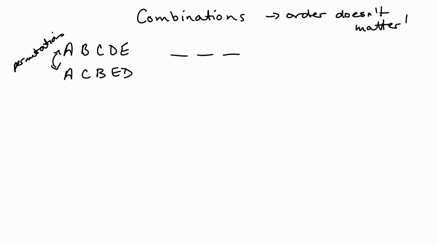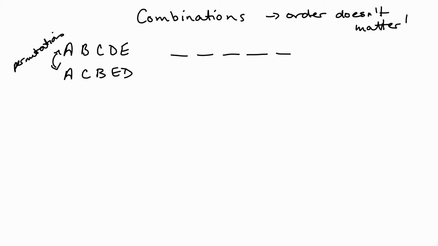So if I'm trying to count the number of combinations I can make of these 5 letters in 5 slots, it's actually a really boring thing to ask because there is only one. Because order doesn't matter, no matter how many permutations I make, it's one combination of 5.